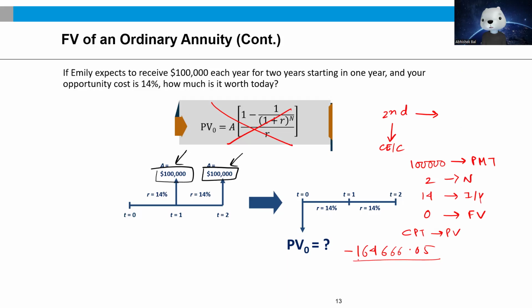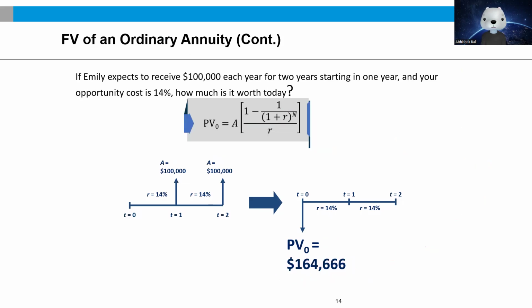Let's just keep it at 164,666 US dollars. This is the investment Emily is required to do today in order to receive 100,000 each year for the next couple of years.